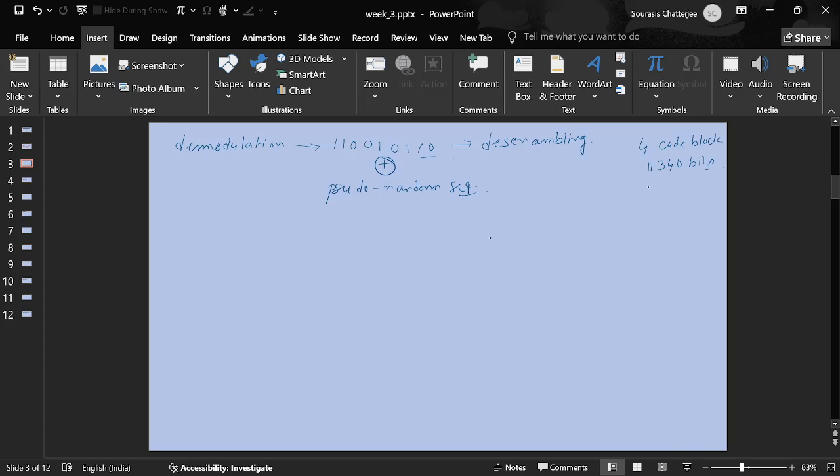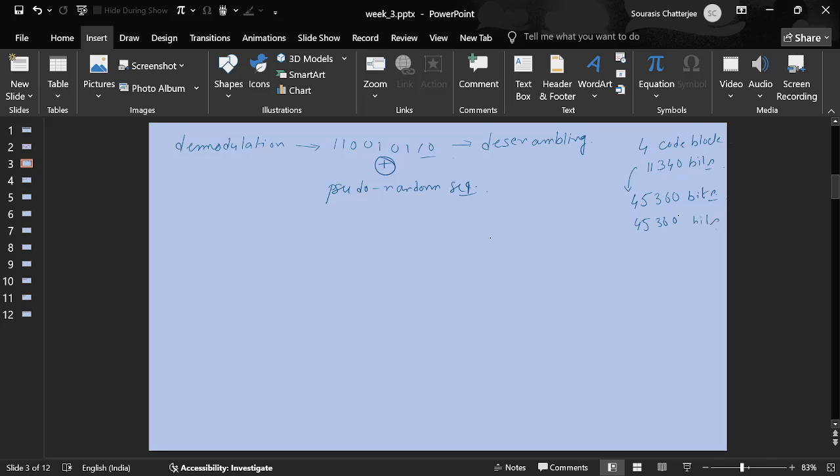You concatenate them, and altogether you get a payload of 45360 bits, and you scramble on that. So to perform scrambling, we need a pseudorandom sequence of 45360 bits, right?